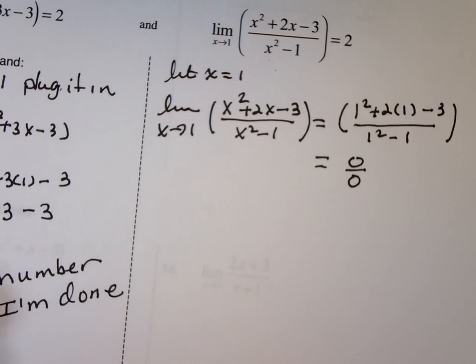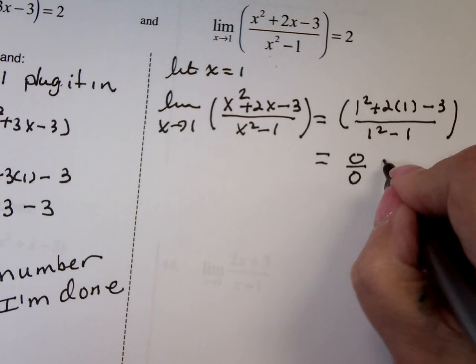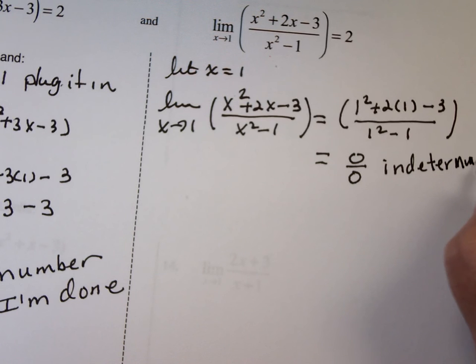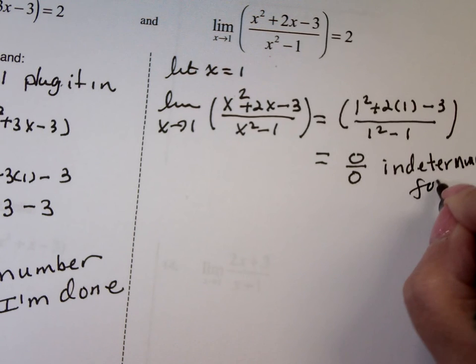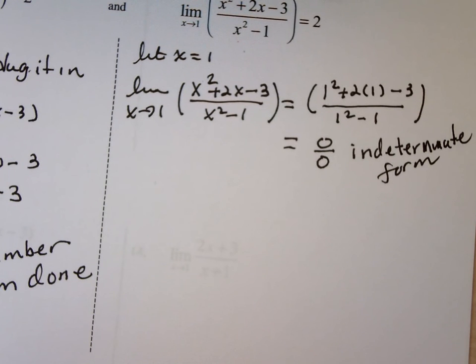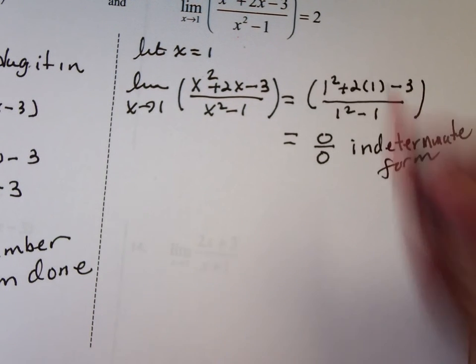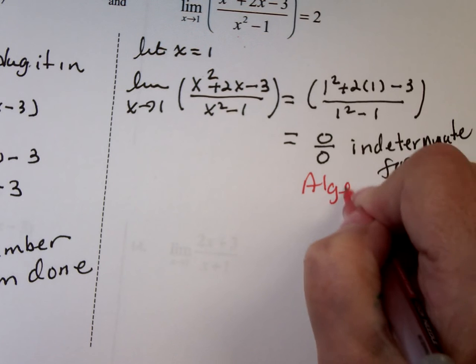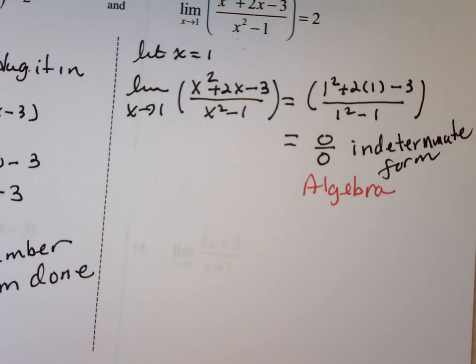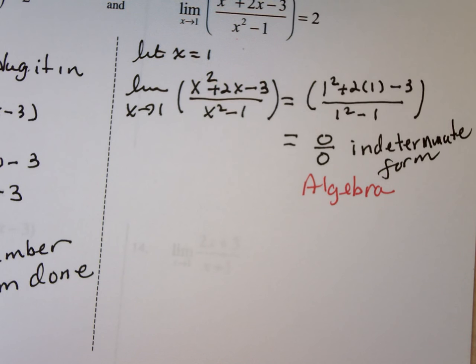Now this is an indeterminate form. And what did I say an indeterminate form screams? Algebra. What this says is, I don't know what the limit is. I need more info. You need to do something to make this work.